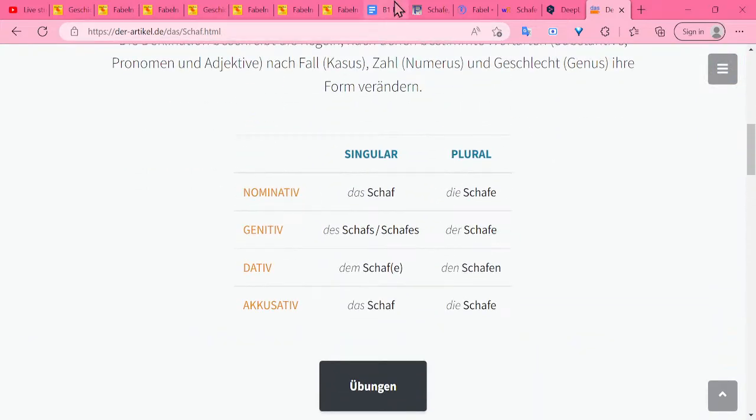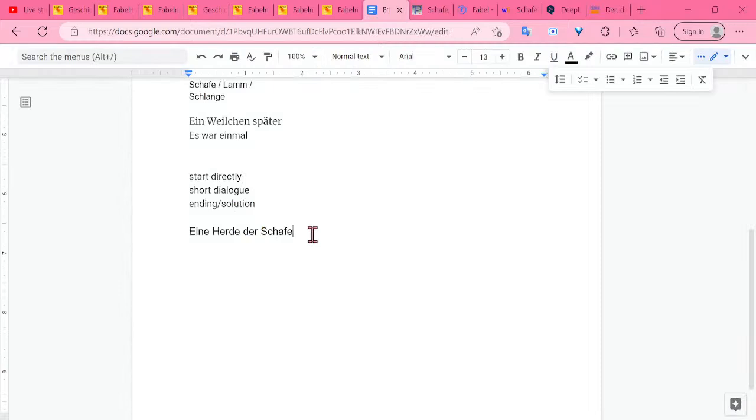Der Schafe, perfect. Okay, so eine Herde der Schafe.